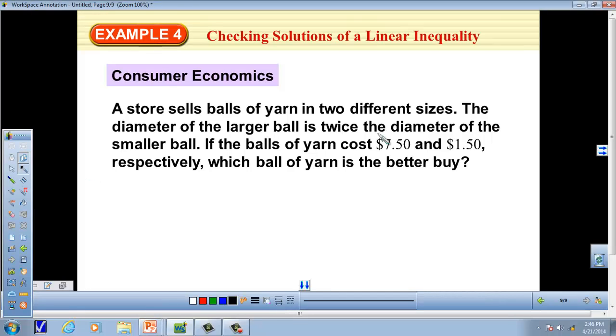So we know that, let's say, volume for big and volume for small.